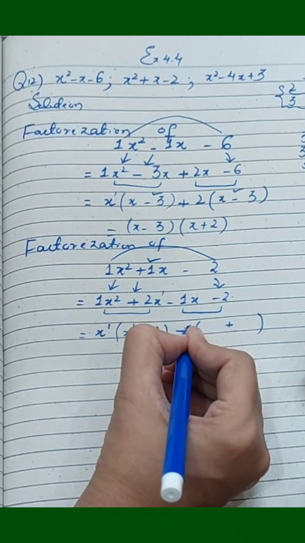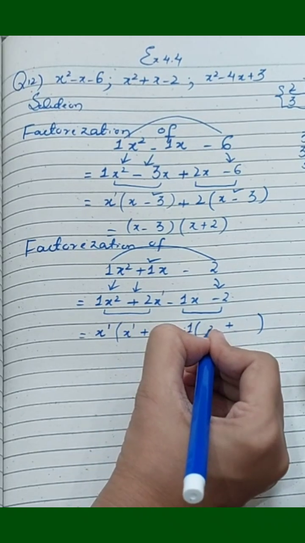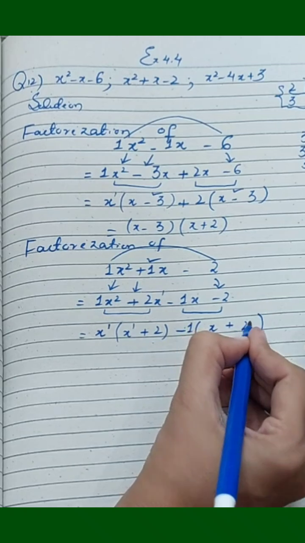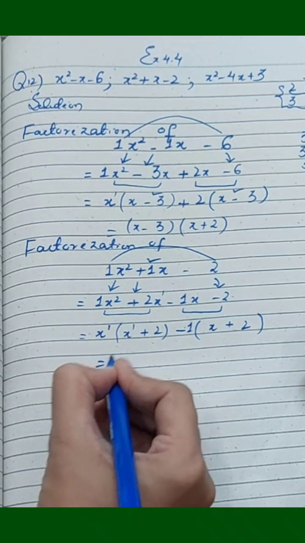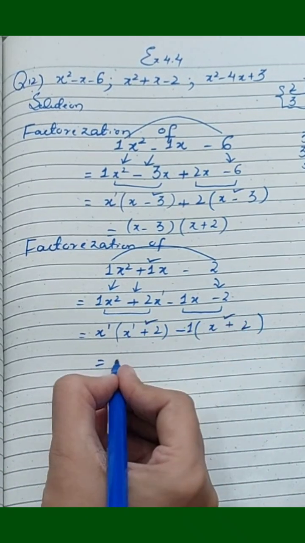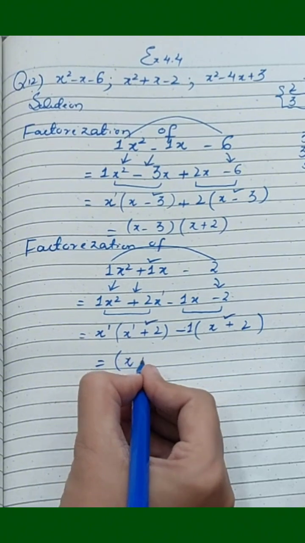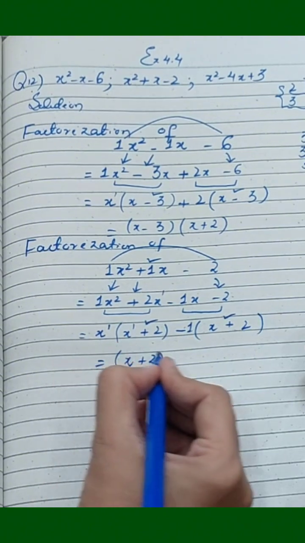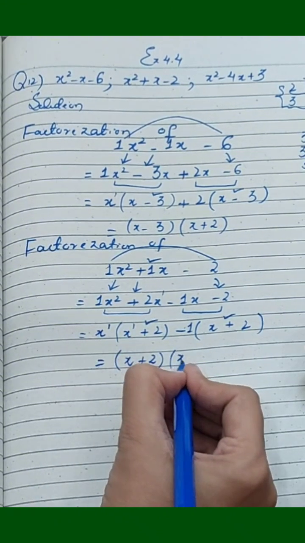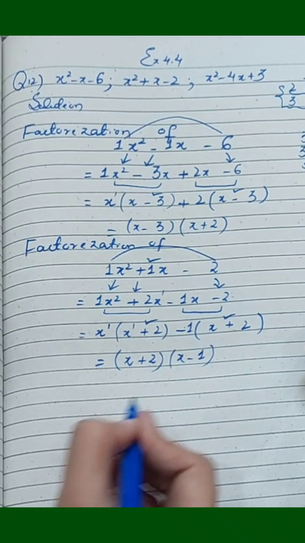And when you take 1 as common, the term in the bracket is x plus 2. Now you can see x plus 2 and x plus 2 is common. The remaining term is x minus 1.